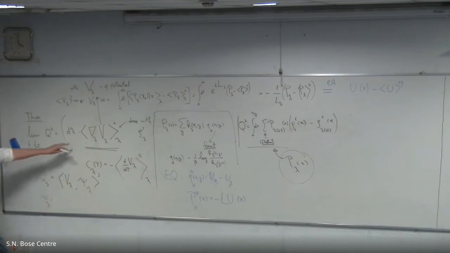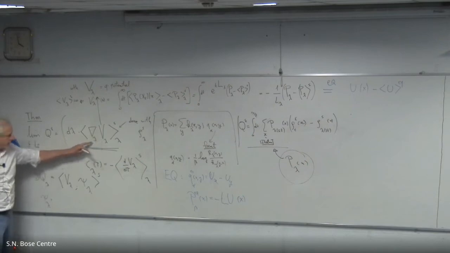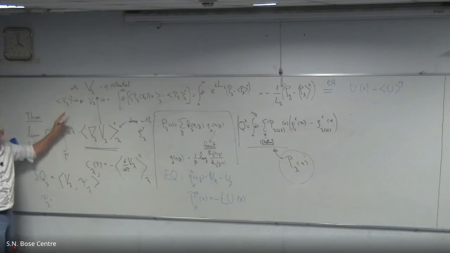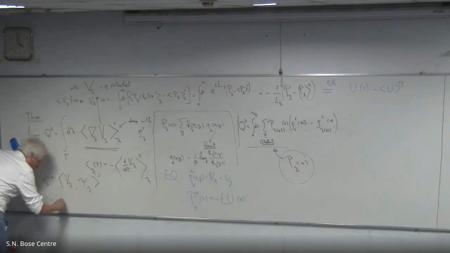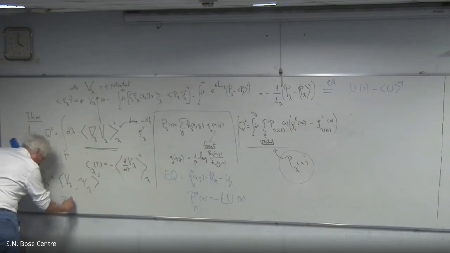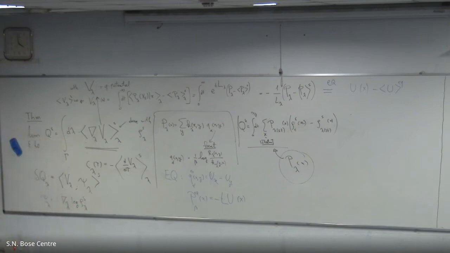I just do partial integration in this integral using the fact that the average is 0 to obtain that psi lambda is the derivative, the nabla over lambda, of the logarithm of rho lambda s. Actually, I'm not sure about the signs here, but more or less it should be okay, I hope.